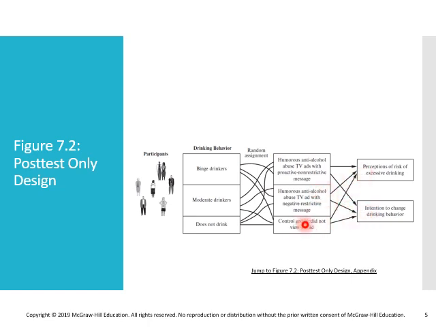Same thing for people in this category. So when we say a post-test only design, we mean that a survey is administered at this point right here, after the participants have received the condition. We administer a survey at this point to see how they are responding based on the condition that they received.